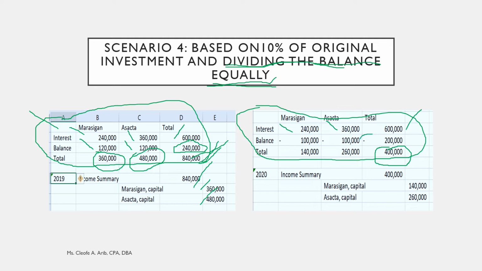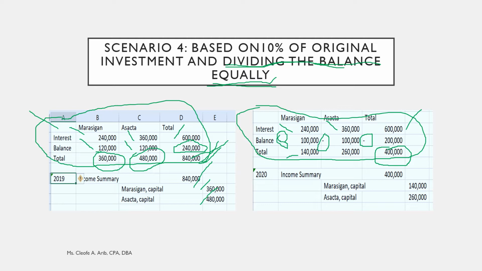So, may balance. Magkano yung balance? This time, negative. Negative, magkano yung balance natin? Negative 200. So, paano paghahatian yung negative 200? Tig-100 each sila, pero bawas. Ayan, negative. And then, since negative yan, magiging share ni Marasigan ngayon, magiging 140 na lang. Bakit 140?